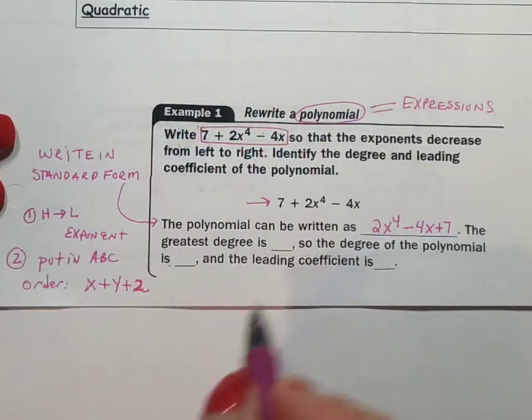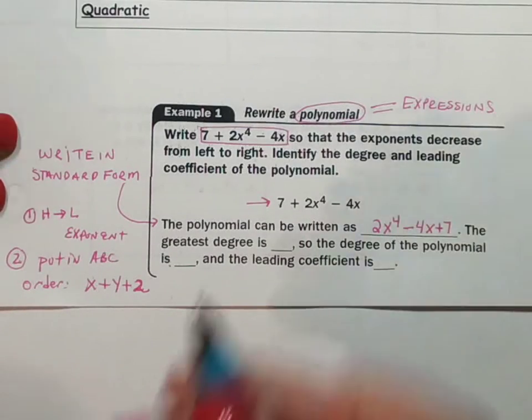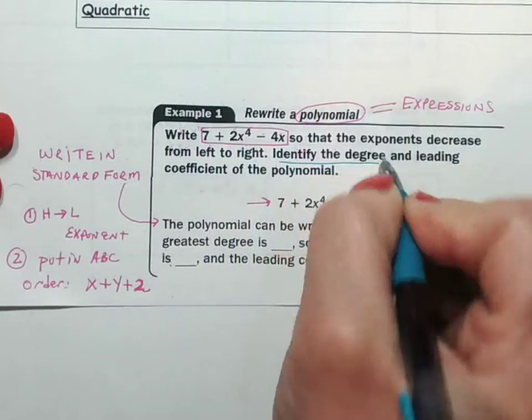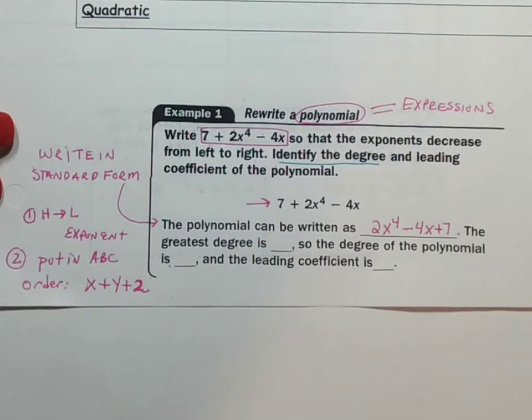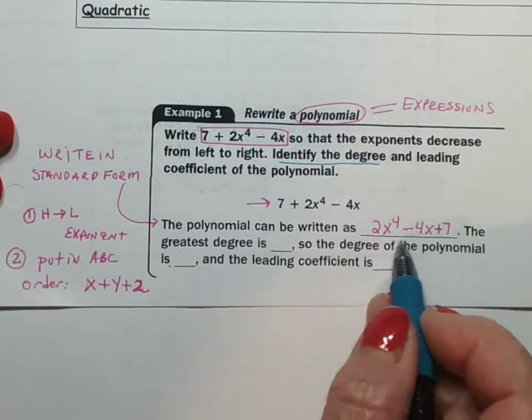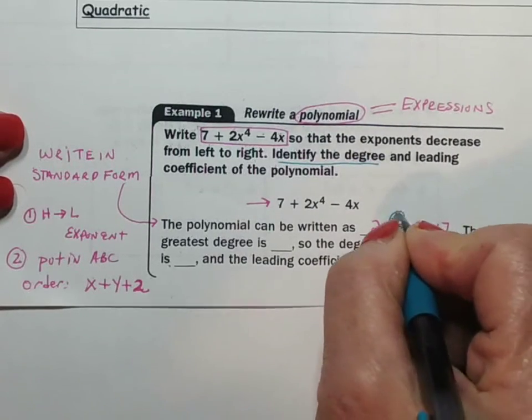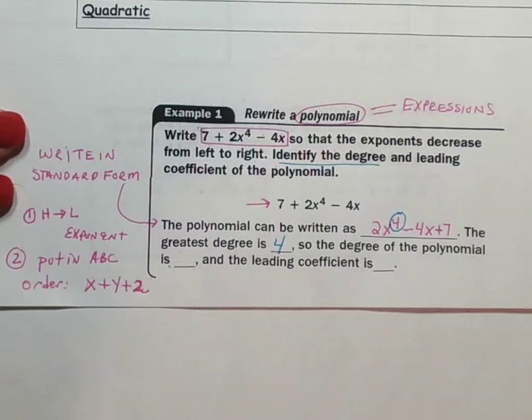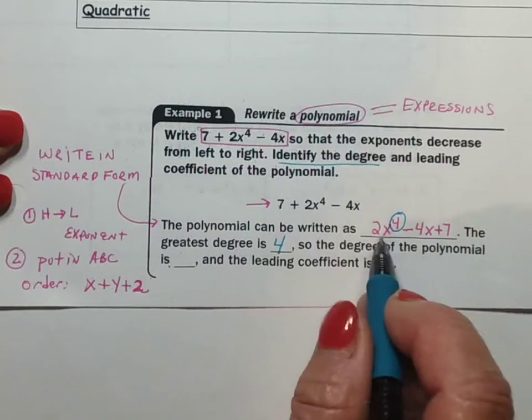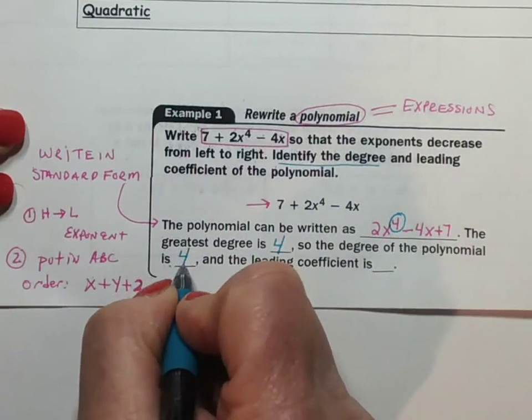So the next thing we want to do is identify the degree. So think to yourself, what is the degree of this polynomial? Well, the highest exponent is 4. So that's the degree. So the degree of this polynomial is 4.